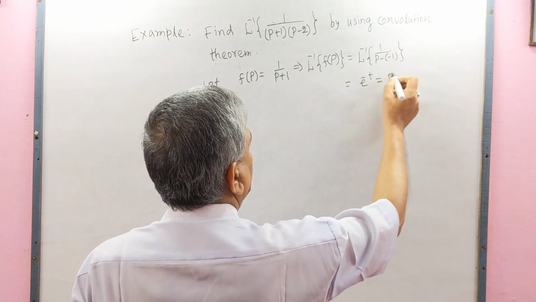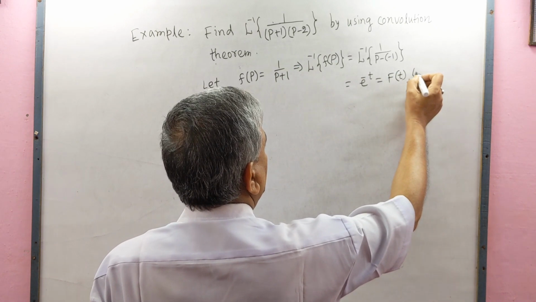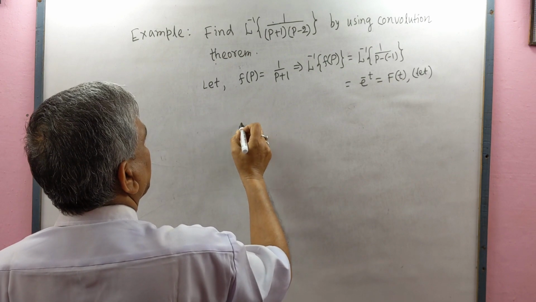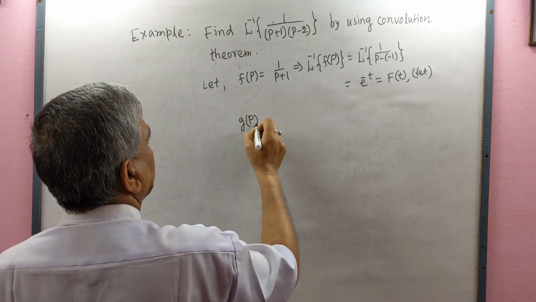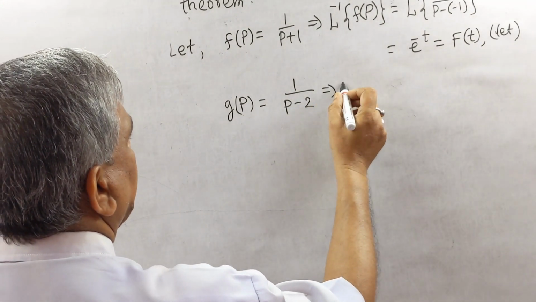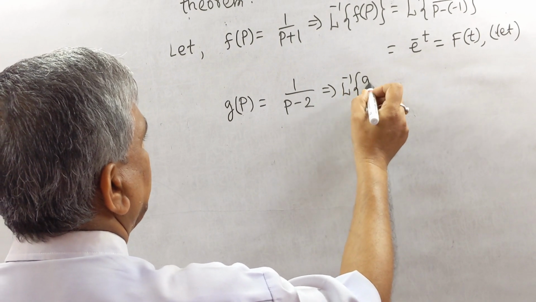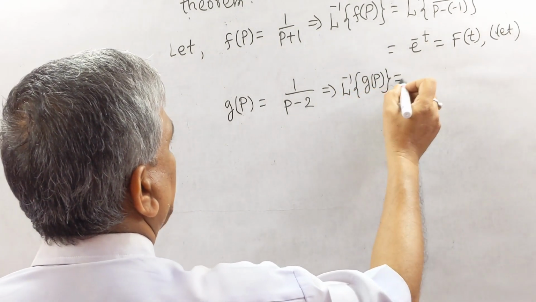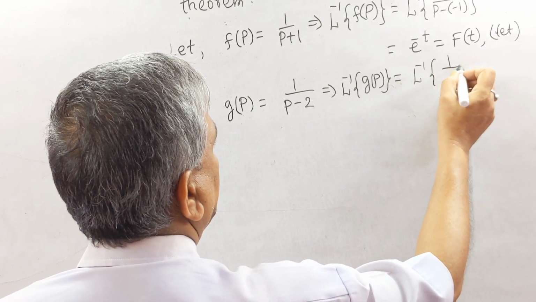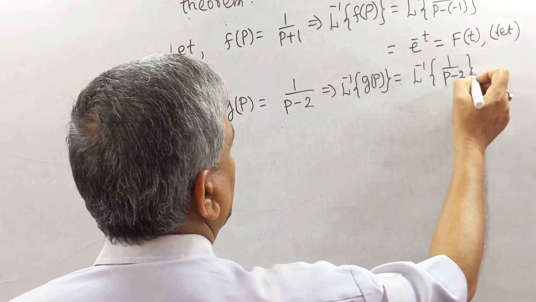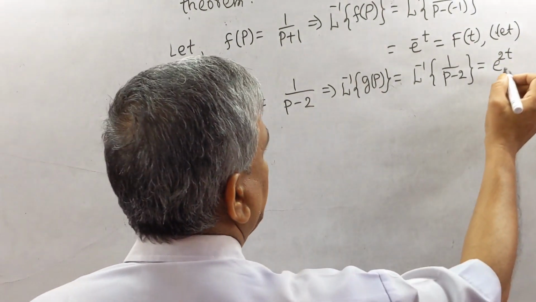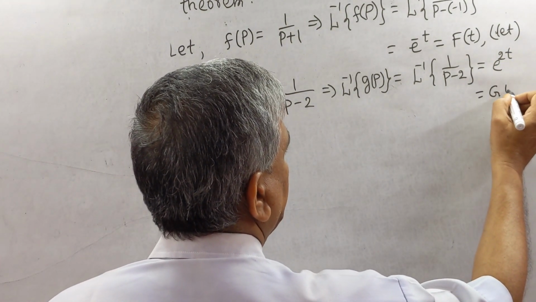Let this be f t. Now let g p equal to 1 by p minus 2, which implies that L inverse g p equal to L inverse of 1 by p minus 2. This is e to the power 2t. Let this be g t.